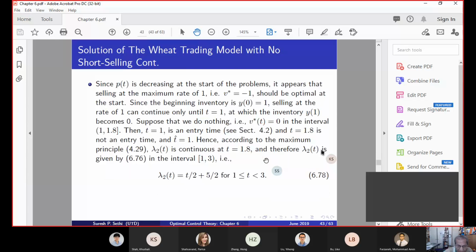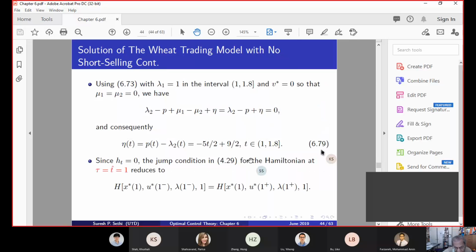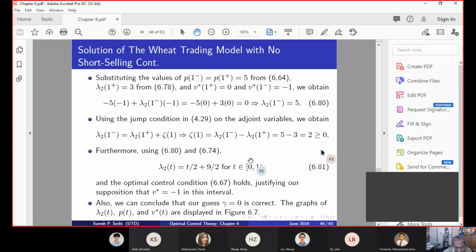Let's go to the next point: in the beginning, P(t) is decreasing. So it appears that selling at the maximum rate should be optimal at the start. Again, we are guessing for a while, but the guesses are reasonable, because I have wheat in the beginning, and the price is going down.